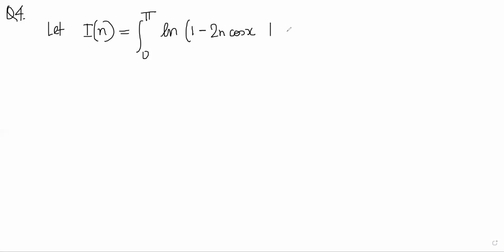Okay. Next one is this. Let I of n be equal to the integral from 0 to pi of ln of 1 minus 2n cos x plus n square dx. You have to find the value of I of 100 by I of 10.